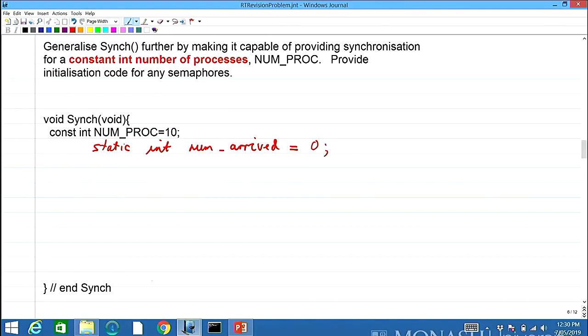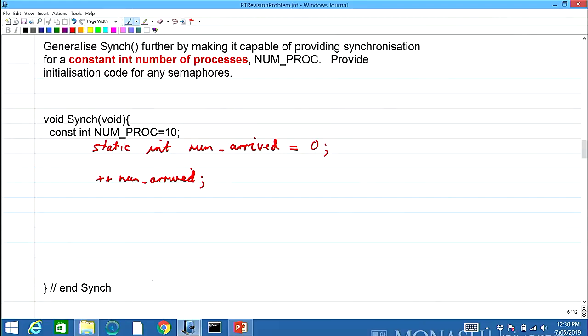Increment it, yes. So let's increment num arrive. So now we do have an up-to-date count, and now we can work out whether to block or let through the caller.